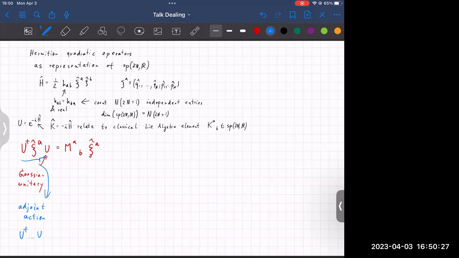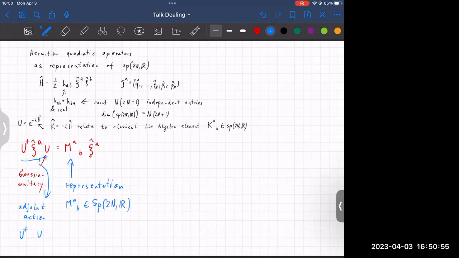Then we find that the adjoint action of the unitary on psi gives us a representation of a group. In this case, M_AB will be an element of the symplectic group.